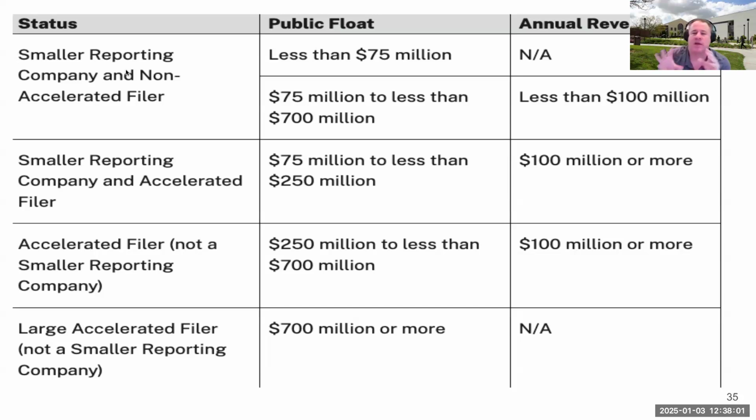A public float refers to shares that are not owned by company insiders. If I took those shares and the market price of the stock on a certain day of the year, that will determine whether your company is a large accelerated filer, an accelerated filer, or a smaller reporting company.